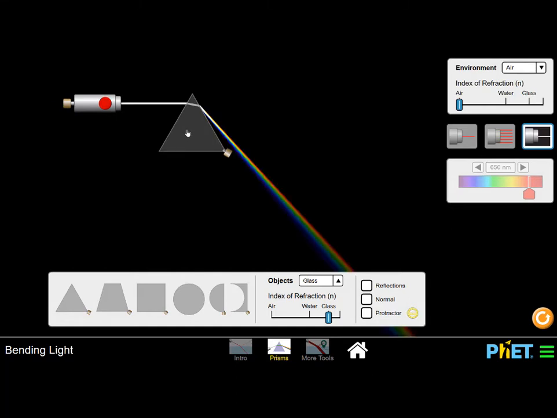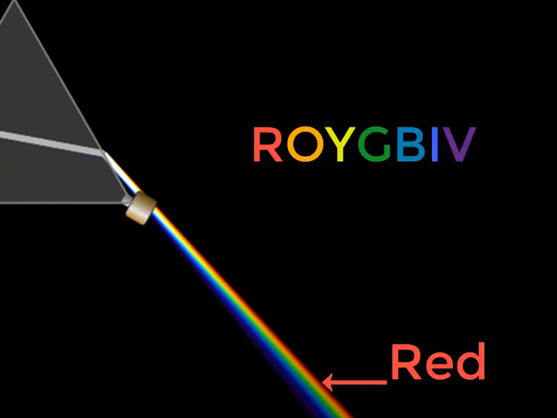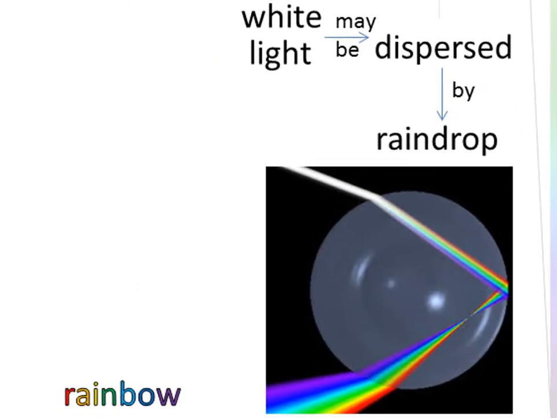And can you see that the triangular prism is bending the light in such a way as to separate the colours that are inside the white light apart from one another? So the triangular prism is dispersing the white light into its spectrum of colours. So we can see nicely here that at the top we have red, then orange, yellow, green, blue, indigo, violet, ROY G BIV.